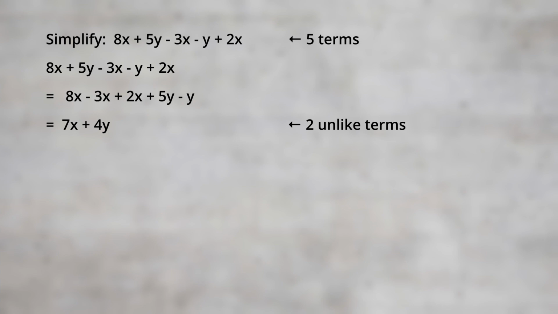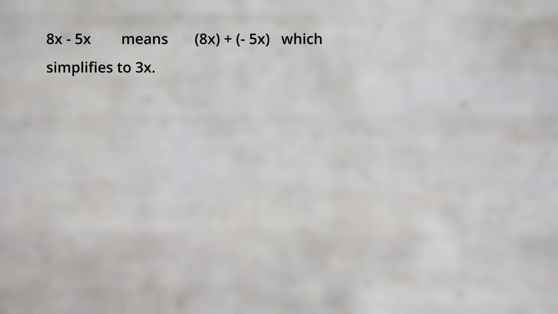All of these examples have been addition calculations, even though some of the terms were negative. 8x minus 5x actually means 8x plus minus 5x. However, it becomes very tedious to keep writing terms in brackets, so we shorten it to 8x minus 5x.